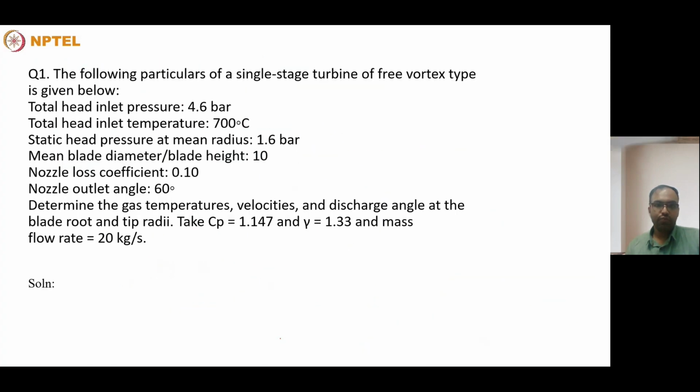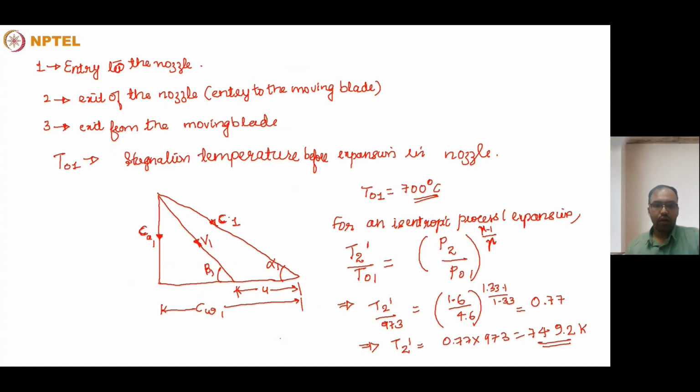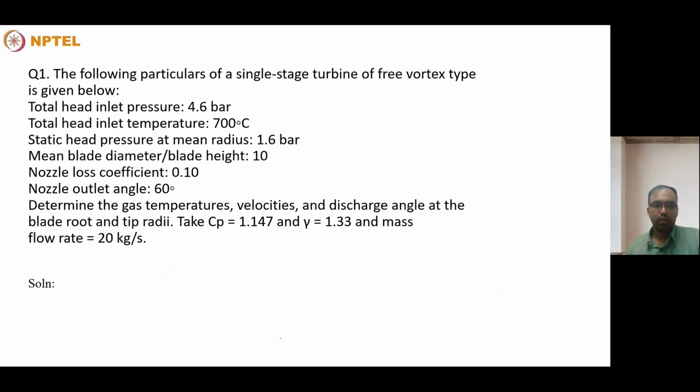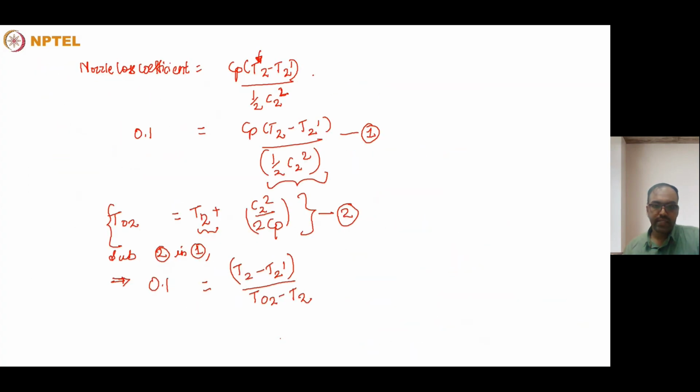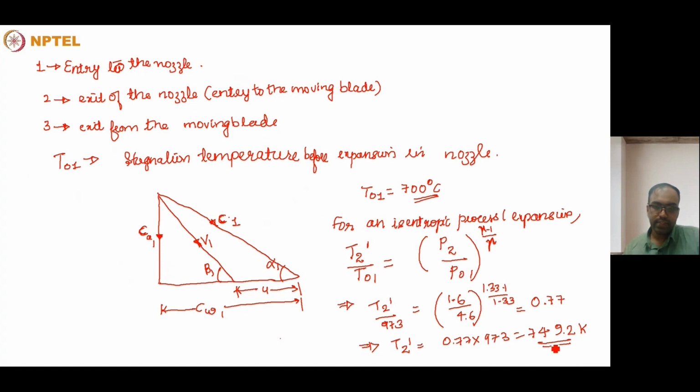We know the value of T2 dash as 749.2. And T02, that is the stagnation temperature at the exit of the nozzle.